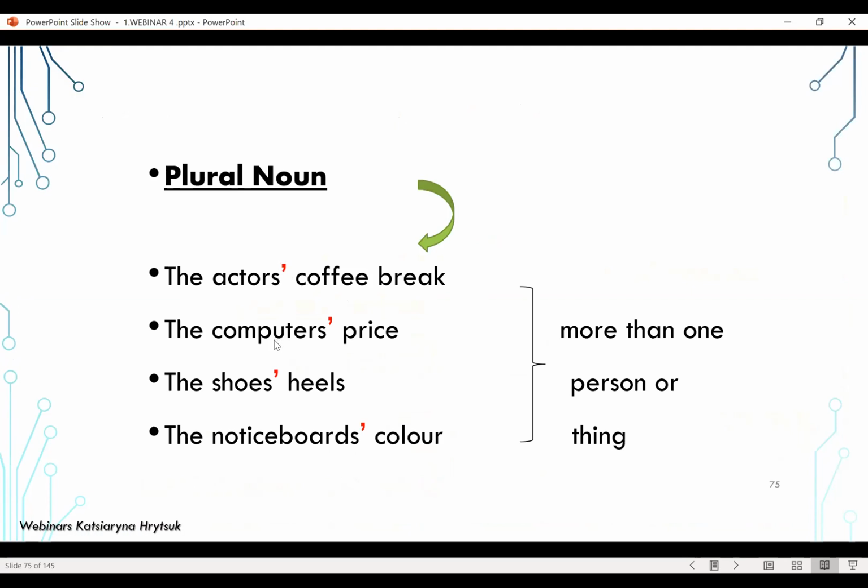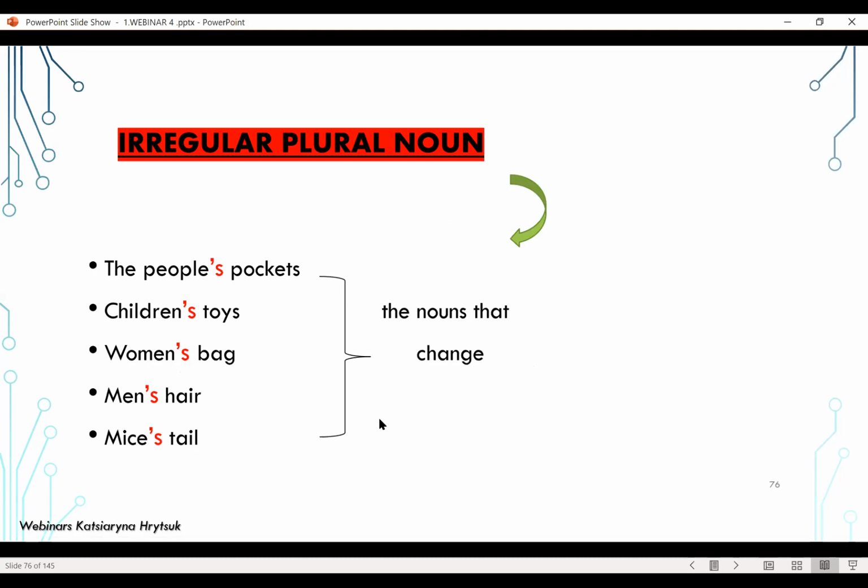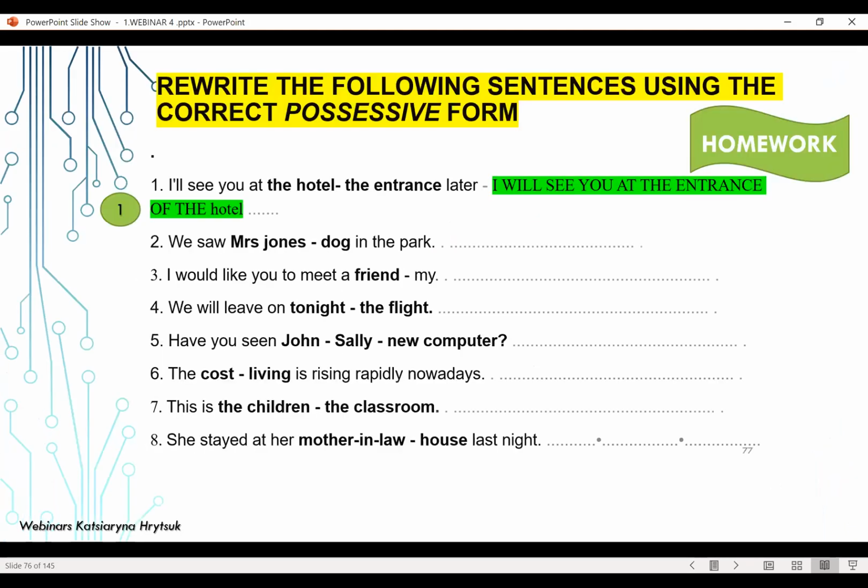Computers', shoes', heels', notice boards' color. Plural. Irregular plural nouns, that is what I say: people, plural, apostrophe S. Be careful here. Everyone makes mistakes. Children's toys, women's bag, men's hair. Okay, plural. That's why. Next.